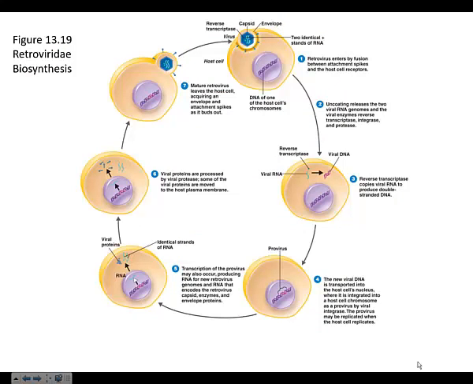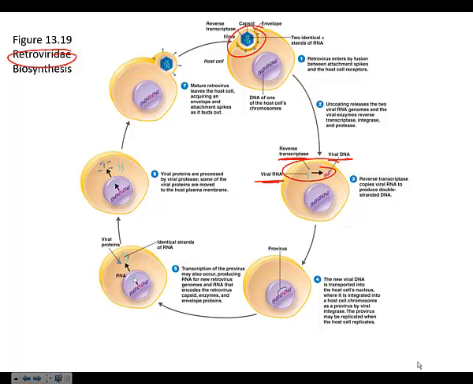This figure shows the unique life cycle of the retroviruses, including the HIV virus. After the initial attachment, penetration, and uncoating, the viral RNA is reverse transcribed to make DNA.